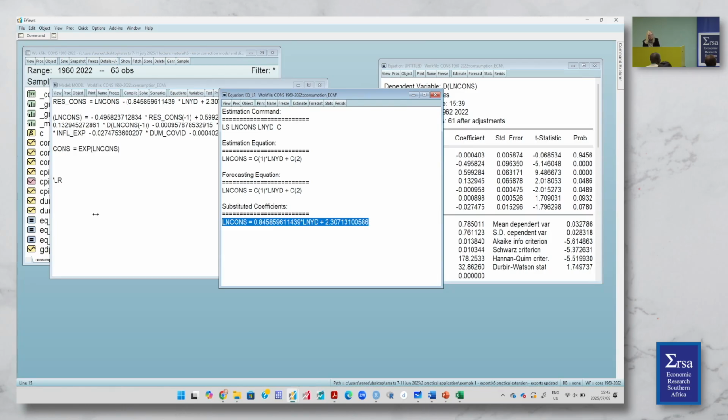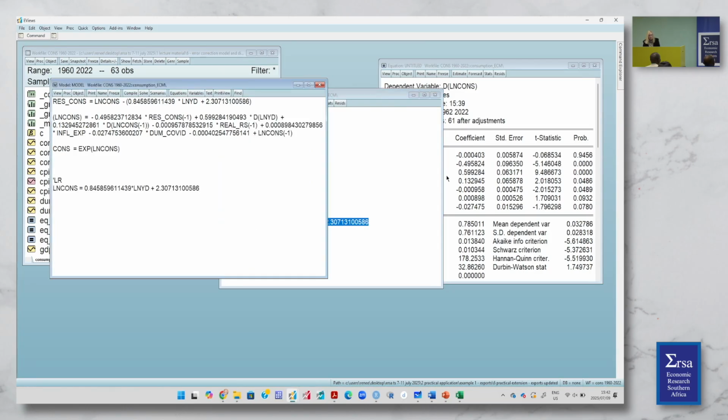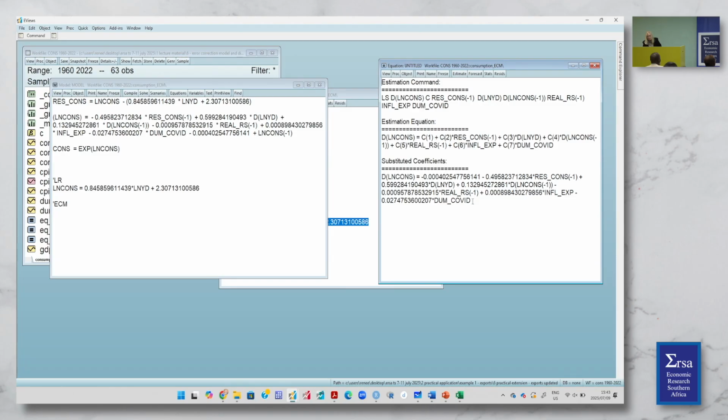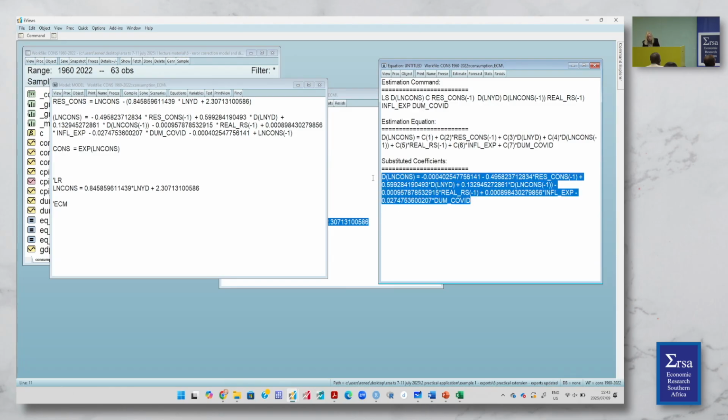So you can just bring it here and then my ECM, I can fetch it here from my view representations. In R, you will have to code this.